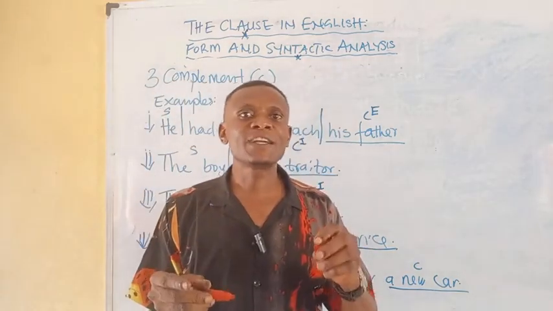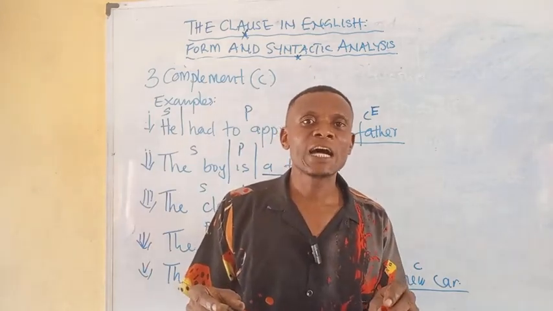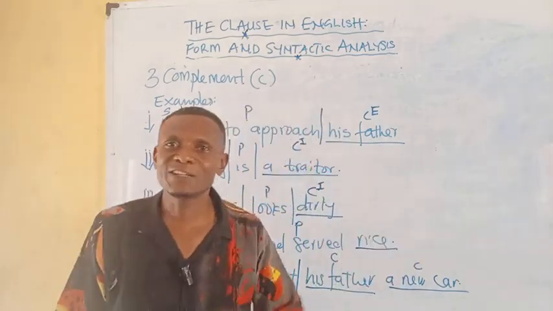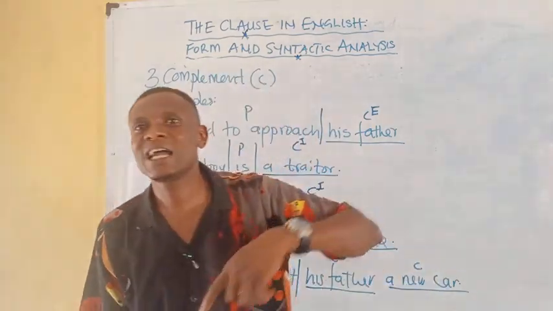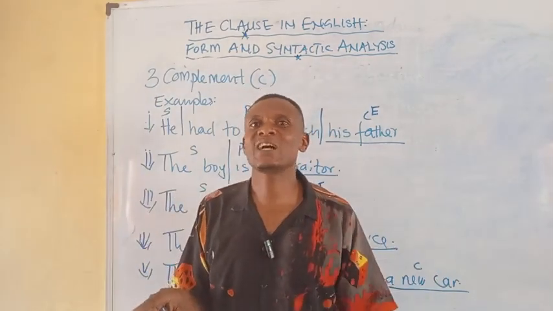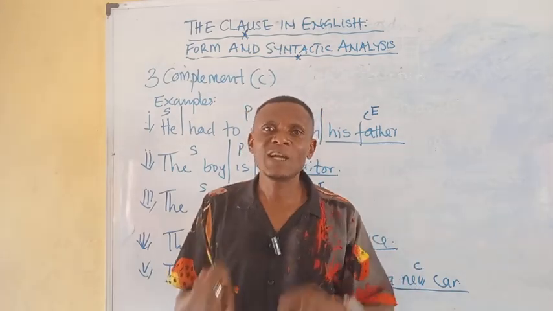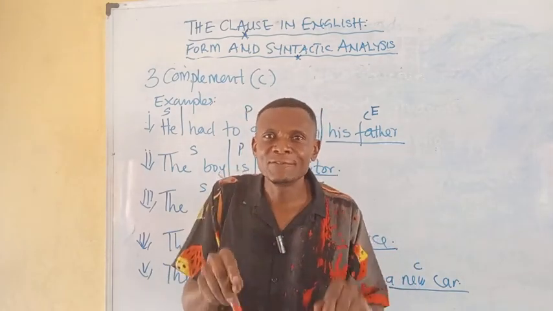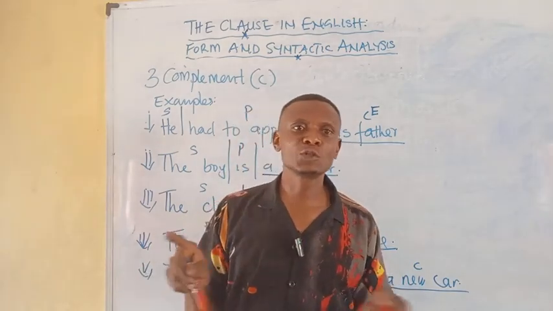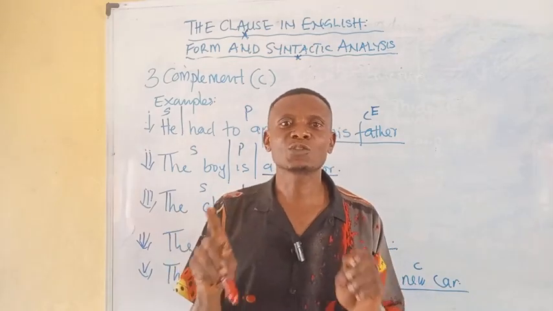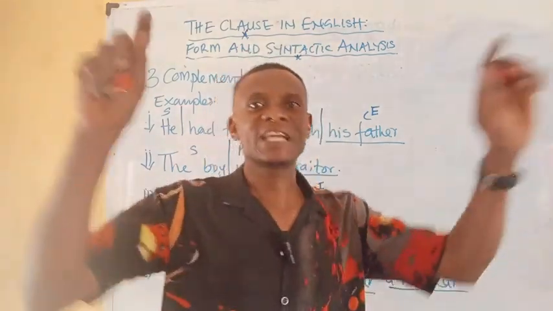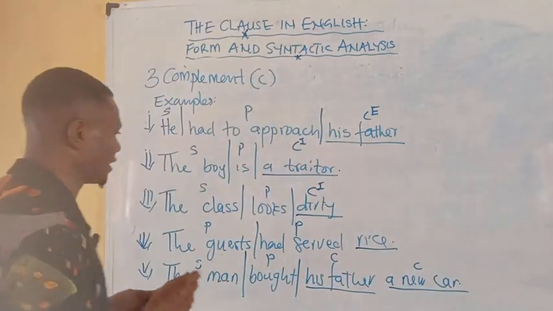When I'm referring to a particular complement that has something to do with other elements in the group, it is referred to as intensive. When it doesn't have anything to do with other elements in the group, simply refer to it as complement extensive. Are you getting it?